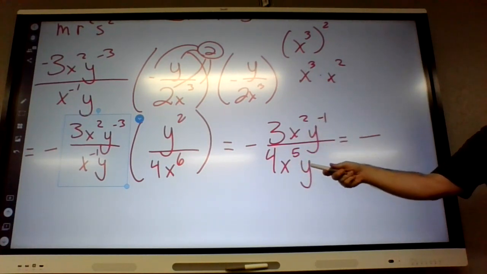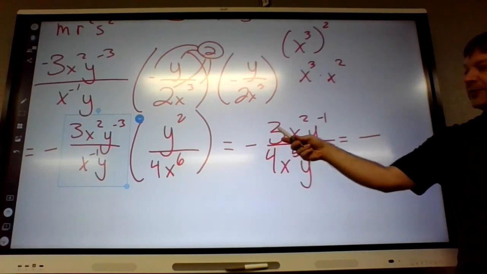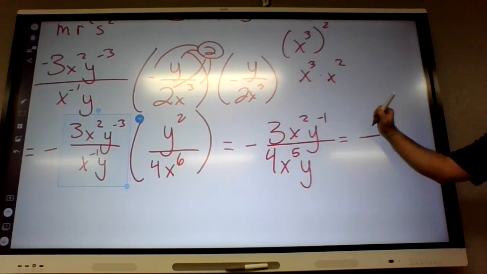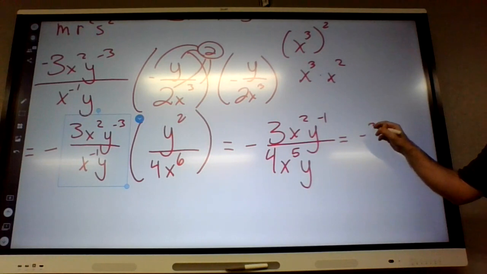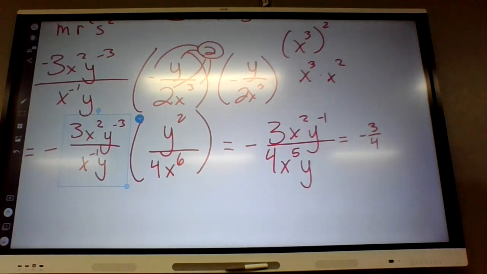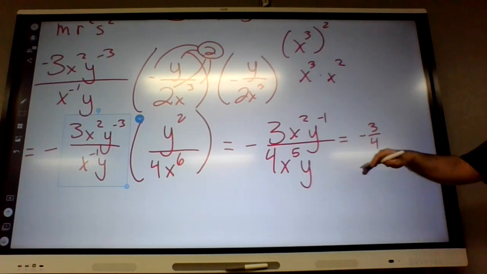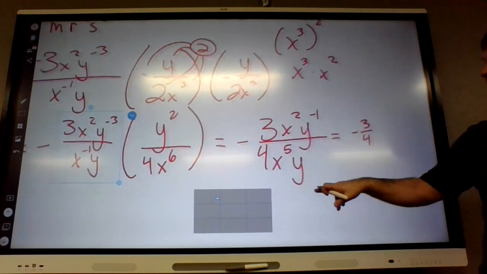Yeah, we can divide those, right? We can simplify. Does -3 over 4 simplify? No. On this section, we're supposed to leave everything in the numerator, like -3/4 instead of like a fraction division bar thing.